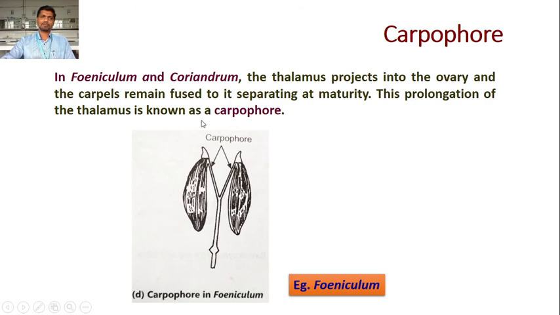Next is the carpophore. In Foeniculum and Coriandrum, the thalamus projects into the ovary and carpels remain fused to it, separating at maturity. This prolongation of the thalamus is known as carpophore. In Foeniculum and Coriandrum, the thalamus, which is present at the apex of the pedicel, gets projected into the ovary. In the initial stage the carpels are fused together, but they separate at maturity.